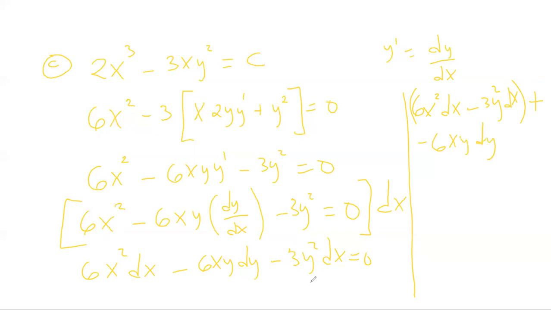So if I reduce by 3, I'm going to have 2x squared, and then 3 goes here, I have minus y squared, all times dx, minus 6xy dy, all will be equal to 0.